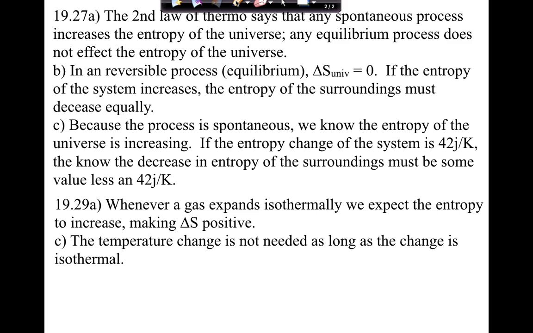Say that we've got a process that's creating a decrease in disorder. Then somewhere in the universe, there's got to be an increase in disorder that is greater in magnitude than this decrease. So if the entropy change for the system is this, we know the decrease in entropy of the surroundings must be a value.